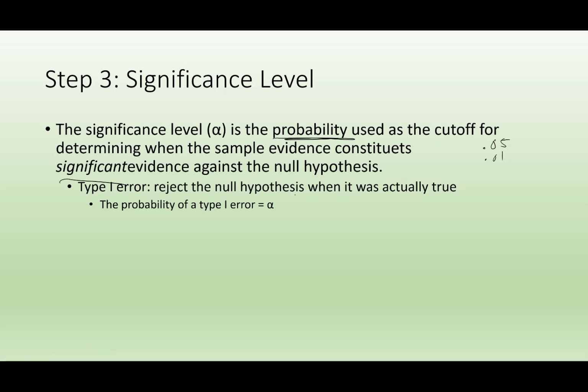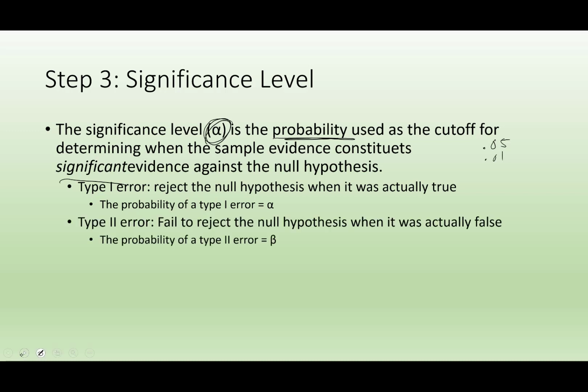So it's saying the null hypothesis is false, but in real life, the null hypothesis was actually true. Now, we typically don't know if we make these types of errors because it's not an error that we did by computing something wrong. It comes down to maybe we just got an unlucky sample that showed a trend that really doesn't exist. The probability of making a type 1 error is equivalent to our significance level, alpha.